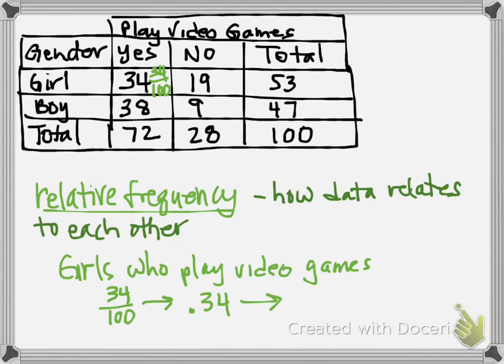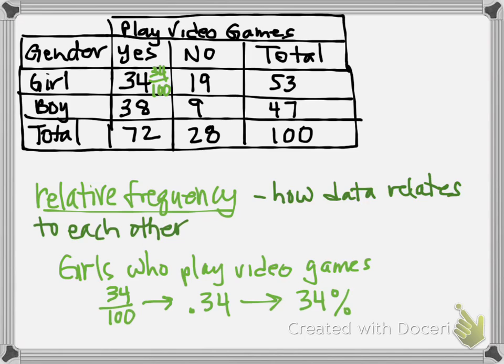And then how would I write that as a percent? Lexi? Yeah, we move the decimal to the right twice, 34, and add the percent symbol. So what we're going to start looking at is not the actual raw data, but now we're going to look at how it relates to different things. So if I wanted to relate it back to the total number of people in the survey, this one would be super simple.